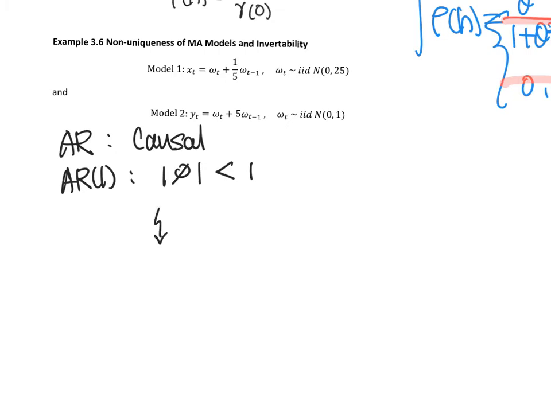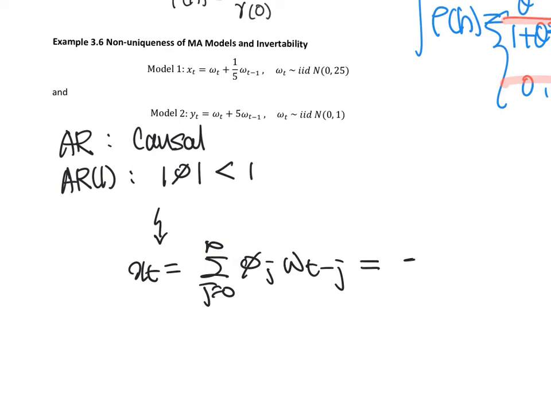Then we can take the infinite summation of the white noise, the infinite sum from 0, or we use the capital phi and the white noise.